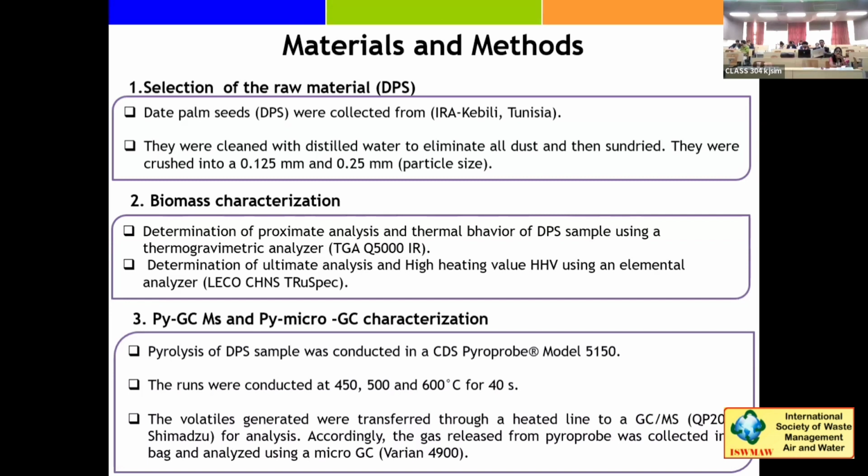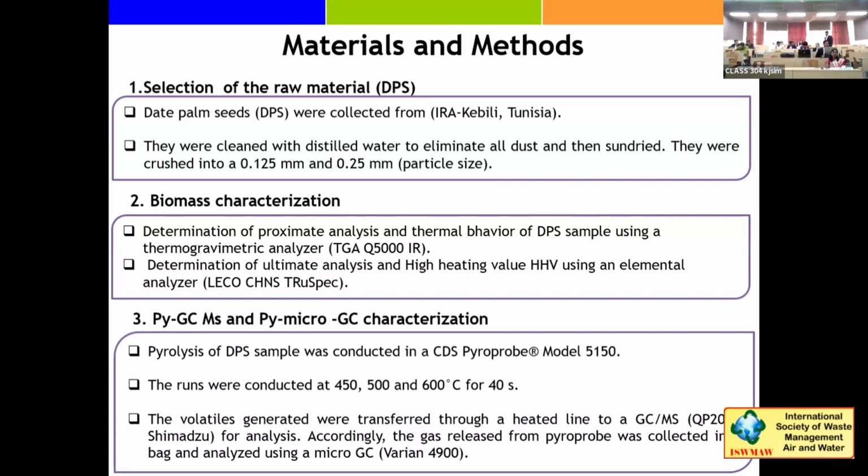Concerning the pyrolysis, the date palm seeds sample was pyrolyzed in a CDS Pyroprobe model 5150. The runs were conducted at 3 different temperatures, 450, 500, and 600 degrees, for 40 seconds as a whole residence time.